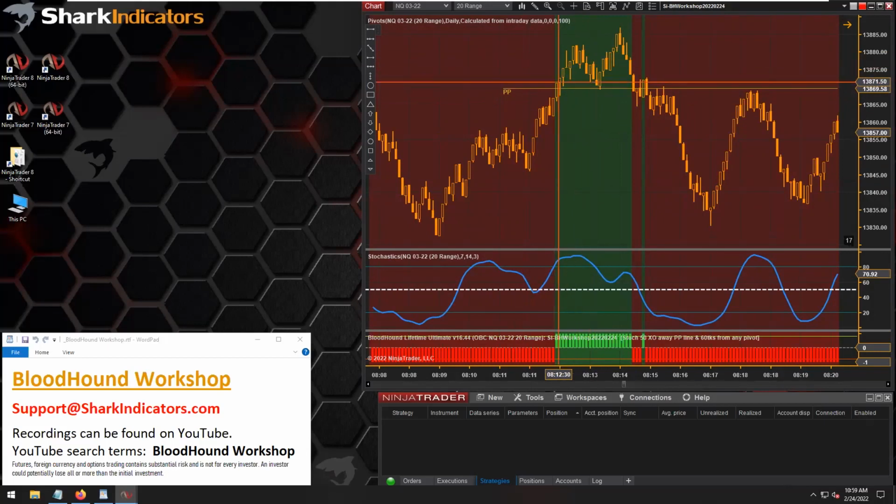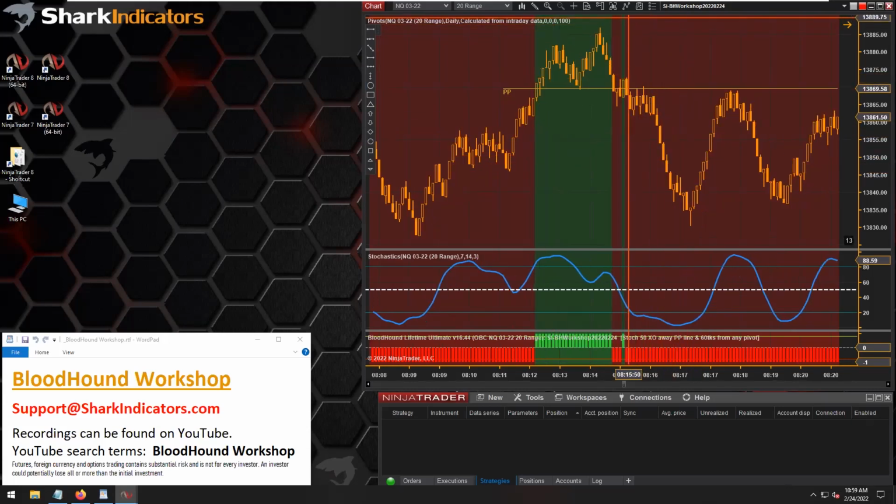So obviously that would be price moving away from the pivot line, and so we'd be looking for longs only. And if price is below it, then when price is moving away below the pivot line, we'd be looking for shorts only. All right, so there's our two conditional filters.